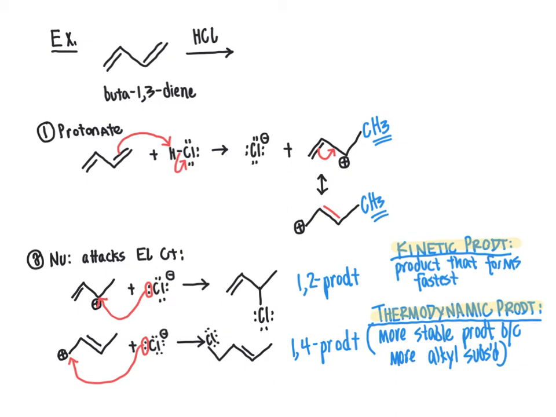Specifically, the 1,2 product forms faster because if we think about the intermediates and how easily or how favorably they form, for the two intermediates, the two resonance structures here, the resonance structure on top here is the dominant resonance structure.